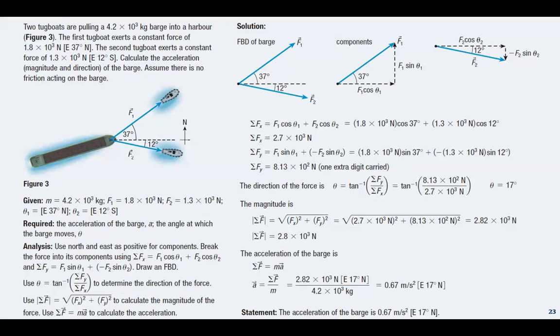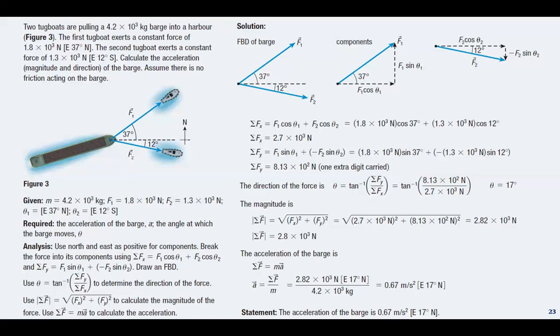So the acceleration of the barge is a equals net force over the mass of the barge. Put all the values in, and we have the acceleration is 0.67 meters per second squared, and the direction is 17 degrees north of east.